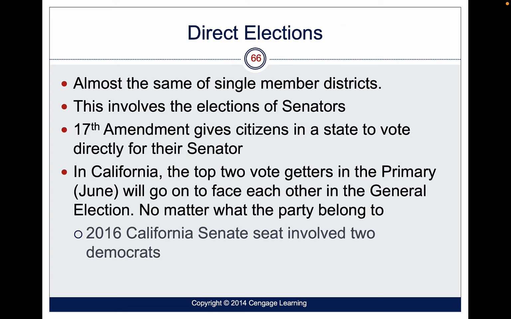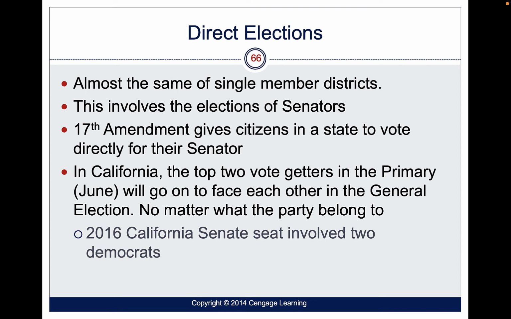We also have direct elections. It's along the same lines as single member districts, and this involves the election of our Senate. The 17th Amendment gave citizens the right to vote for senator. In California, in the primary, the top 2 vote getters will face each other in the general election no matter what the party is.